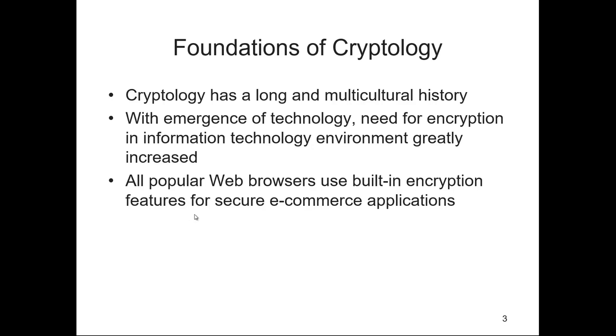Key, or crypto variable, is the information used in conjunction with the algorithm to create ciphertext from plain text. So we need a key so we can convert plain text to ciphertext.